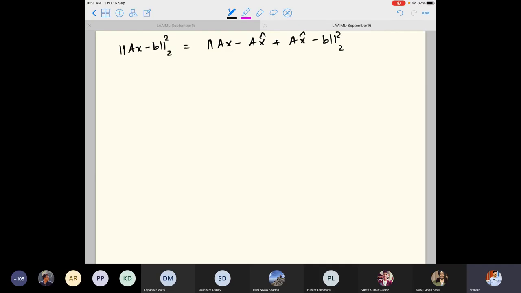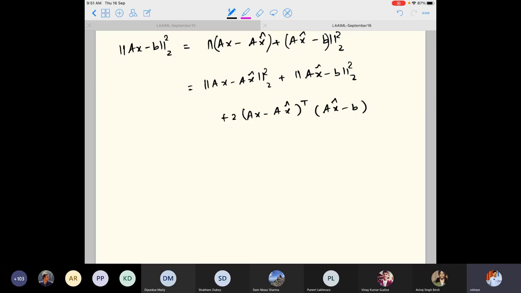Once I have this term as u and this term as v, then it is the norm of u plus v square, right? So how do I calculate this? You get norm of Ax minus Ax hat square, plus norm of Ax hat minus b square, plus 2 times (Ax minus Ax hat) transpose (Ax hat minus b). Do you agree that this is what I'll get?